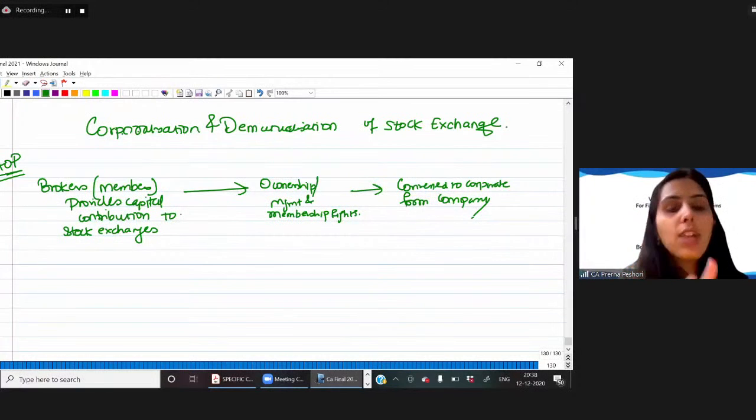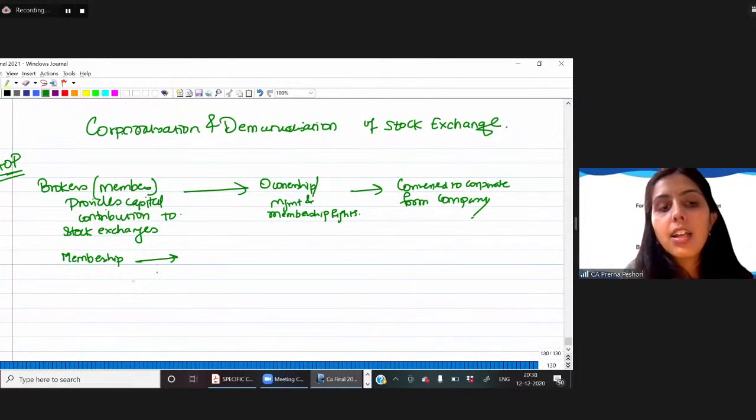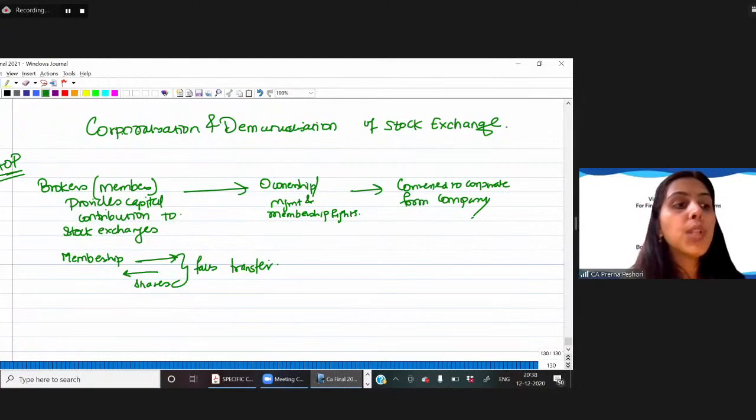Now, this transaction of renouncing the membership rights and getting the shares in return falls within the definition of transfer. Correct? It falls within the definition of transfer. However, the Act says this is not specifically to be treated as transfer.